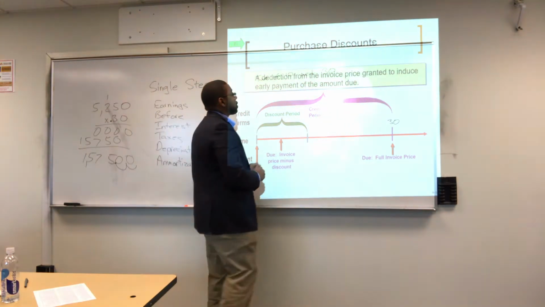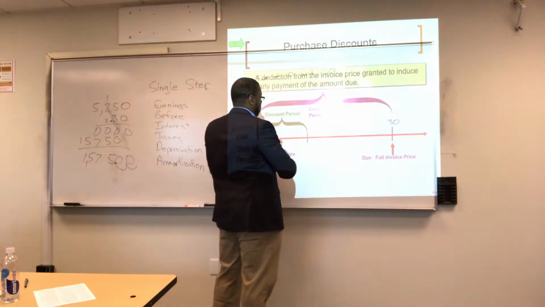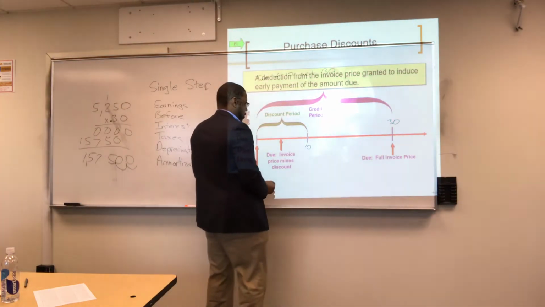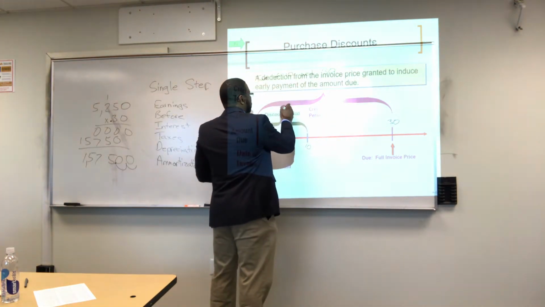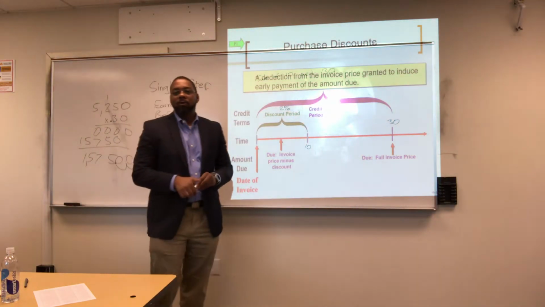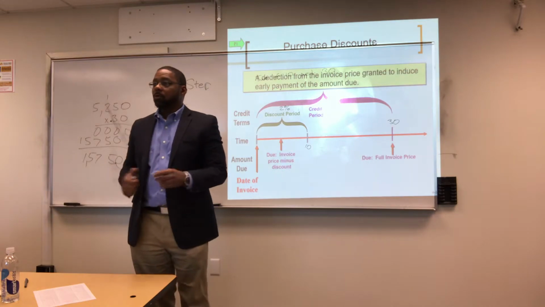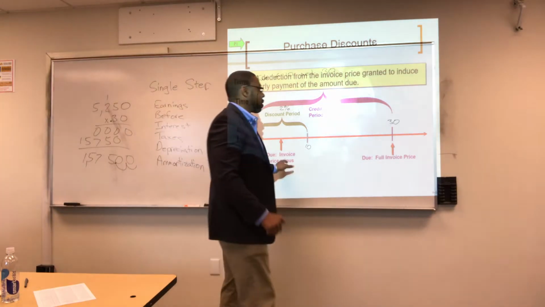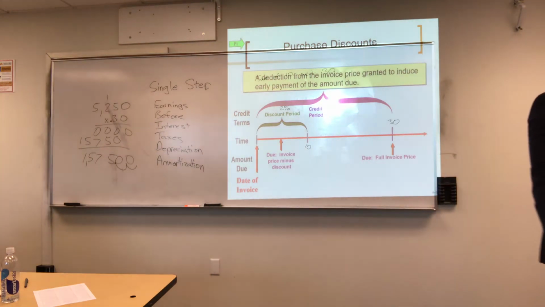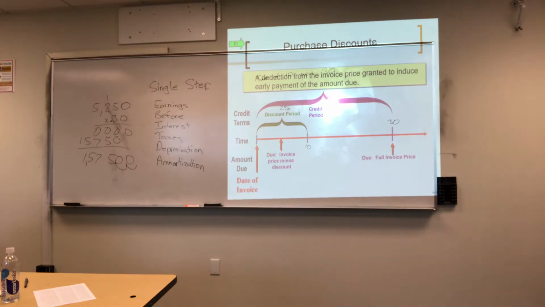However, 2 of 10 means if you pay in the first 10 days, you will get a 2% discount. So if you pay in the first 10 days, they'll give you a 2% discount. From the 11th day to the 30th day, you owe the full amount. Everyone with me?